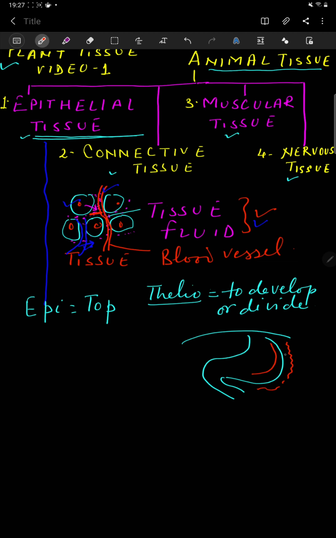So, the outer one is made up of epithelium and this inner surface is made up of epithelium. So, this is the covering. When the organ is hollow, it is present on the outer side as well as the inner side. I am also writing here, both the sides, inner side. So, this is your epithelial tissue.